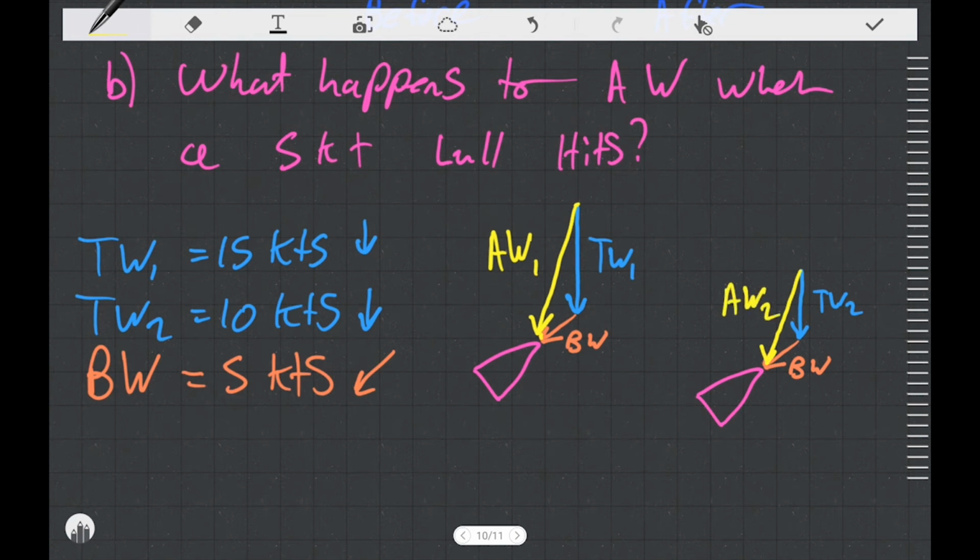And we can see what the difference is between the two vectors. So, first of all, apparent wind 2 is much smaller in magnitude. And second of all, there was a rotation again. So what I'll do is I'm going to copy apparent wind 2, and we'll see if we can tell which way the rotation went.